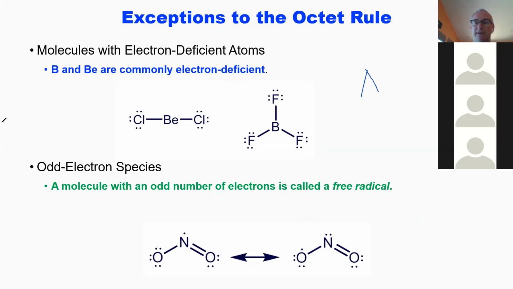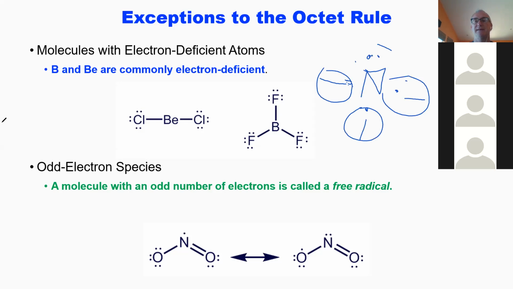That's why when we write nitrogen like this, with 5 valence electrons, what nitrogen basically wants at the end of the day is to have 8 electrons. So when it makes 3 bonds, it has 2, 4, 6, 8 total electrons, both to itself and shared. Same with oxygen. It's sharing 4 electrons, and it keeps 4 electrons to itself, so it has a total of 8.